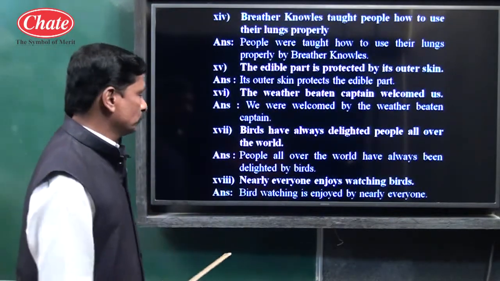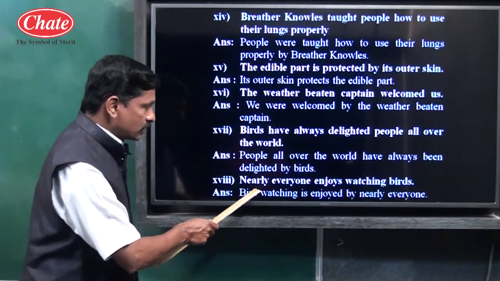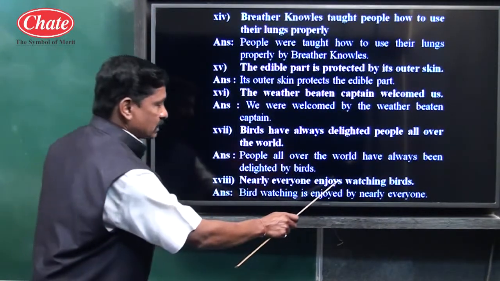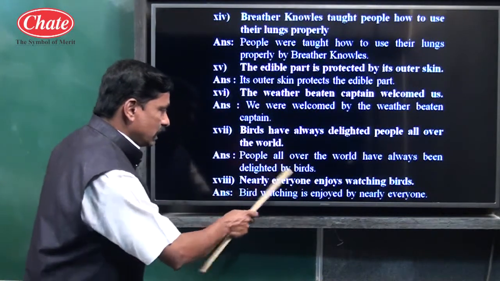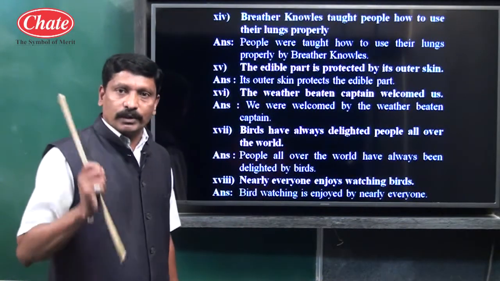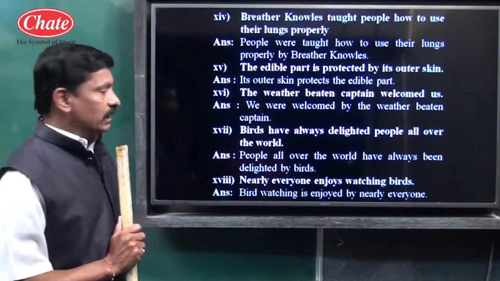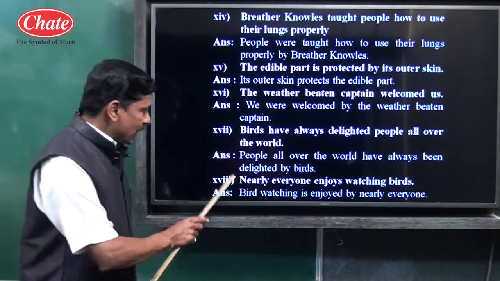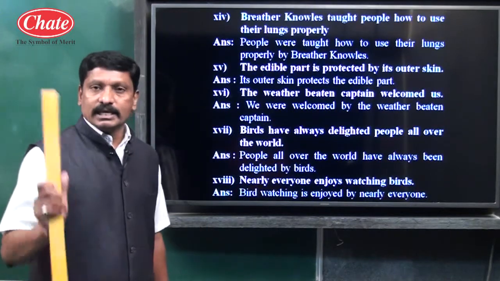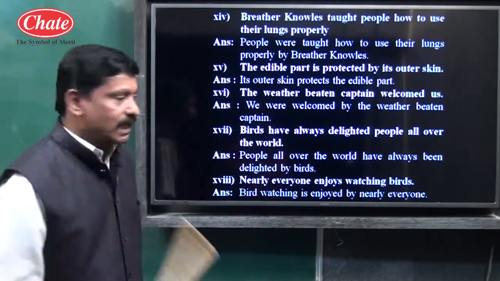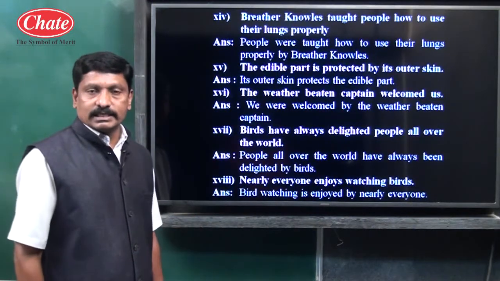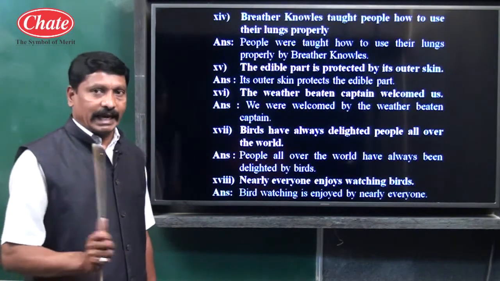Let us see the tense. Enjoys is the first form of verb, and an s suffix has been added because nearly everyone is a third person singular subject. It means this last example is in simple present tense, active voice.